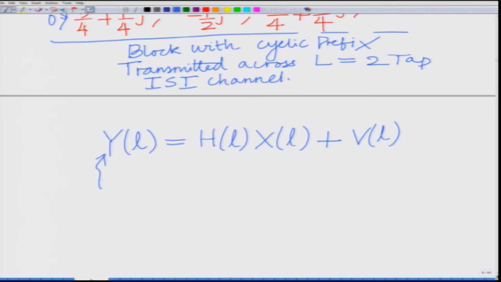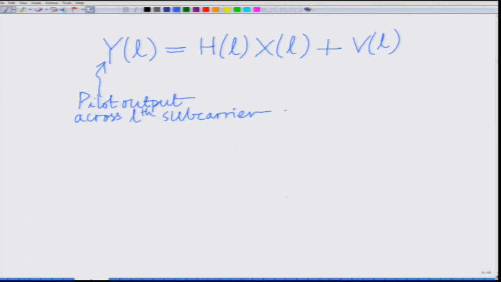This is the pilot output across the lth subcarrier.